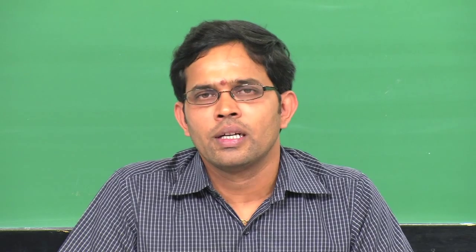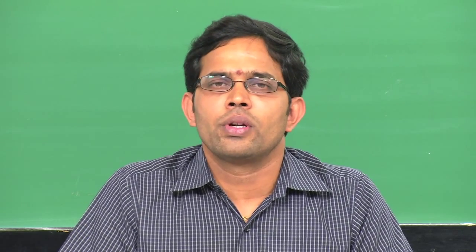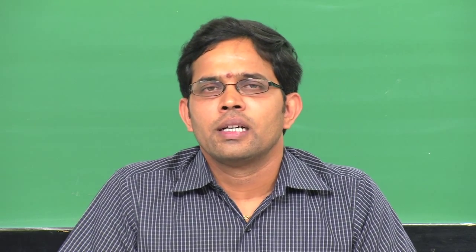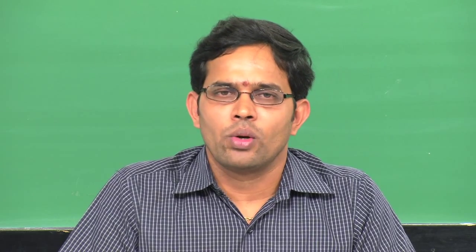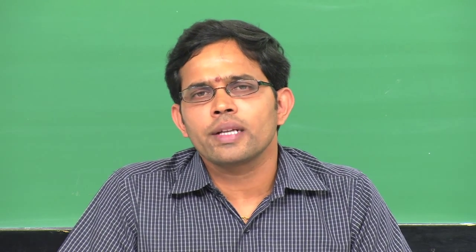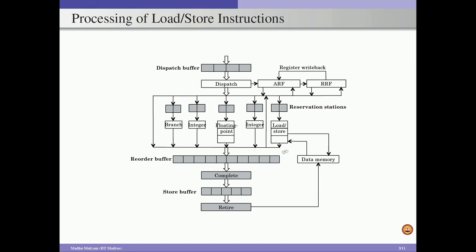And to go to the memory, we are going to use the load and store instructions. A load instruction is going to load the data from the memory into a specified location, and the store instruction is going to write specified data to a specified location in the memory. In order to process these load and store instructions, we have a separate unit called the load store unit.